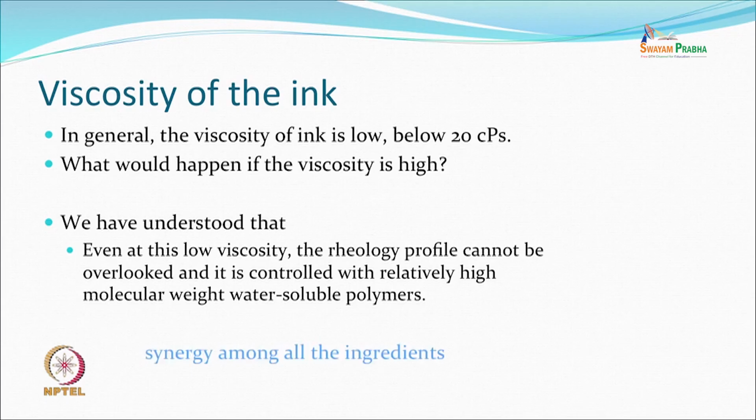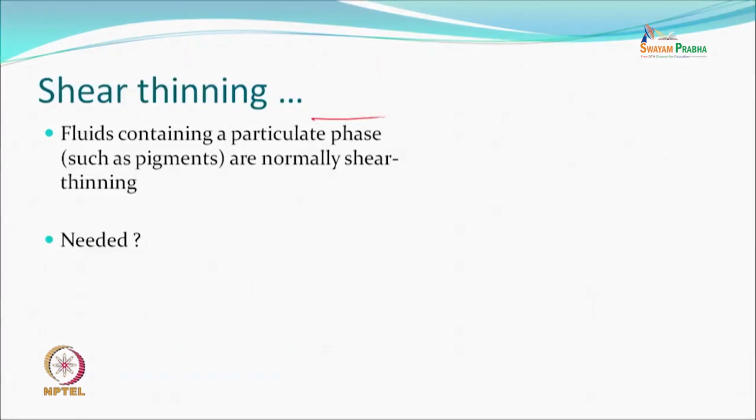When so many things have to be added, people will have to worry about the synergy between all the ingredients that you may be adding. So, one thing is clear, it is not just a simple ink which has only pigment or dye. There are many other ingredients which look after the rheology, the viscosity, and the surface tension of the ink. So, do we require shear thinning?